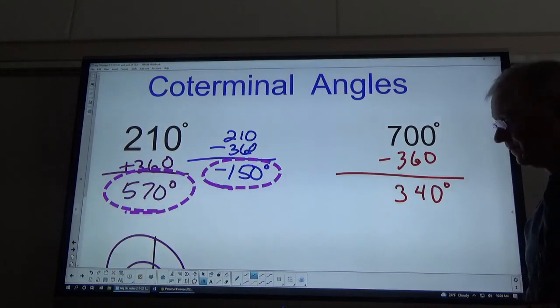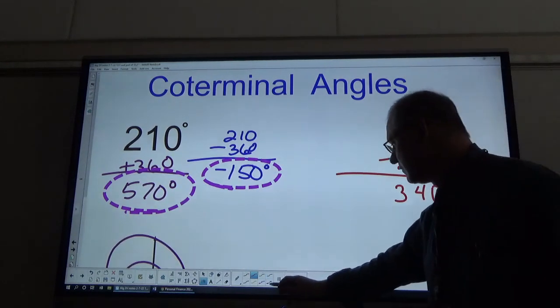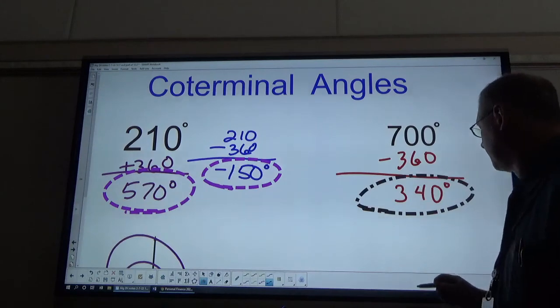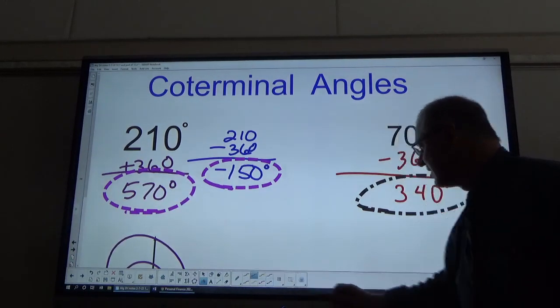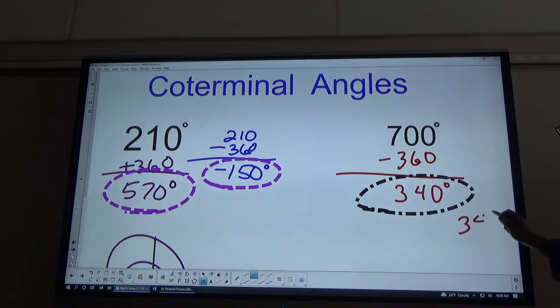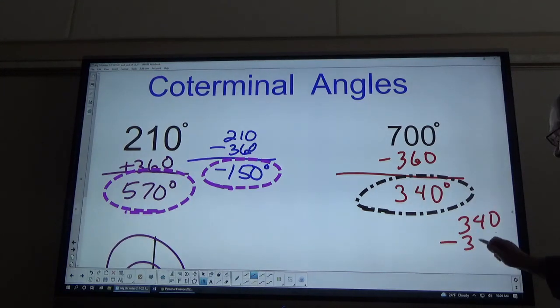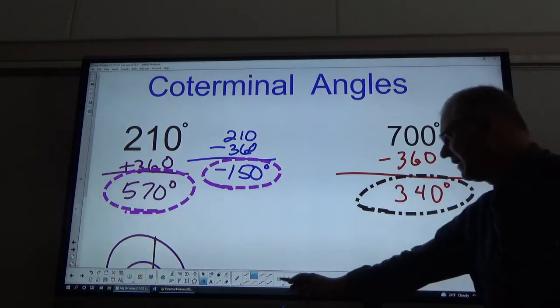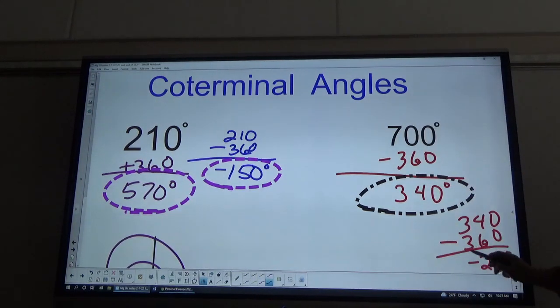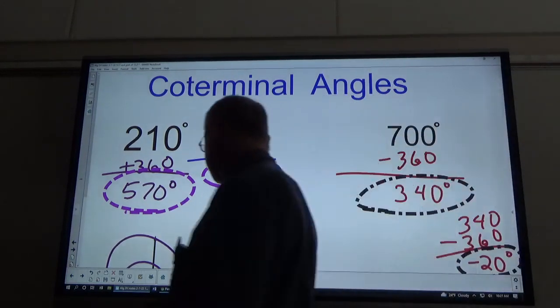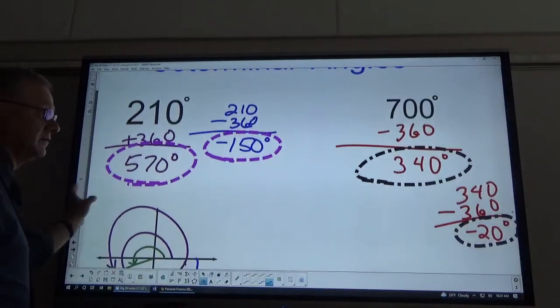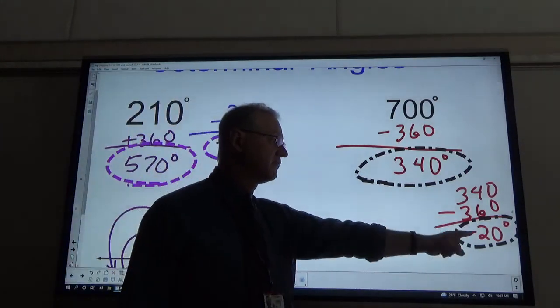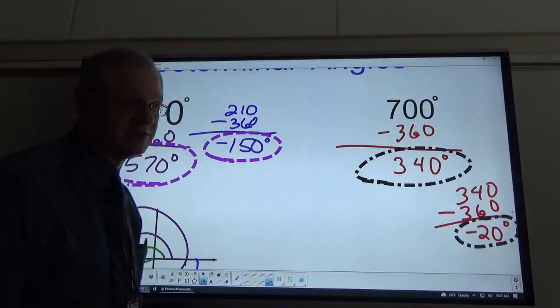There's my first one. If I say 340 minus 360, that's going to give me negative 20 degrees, and that is my negative answer. So there's a positive coterminal of 340 and a negative coterminal of negative 20 degrees.